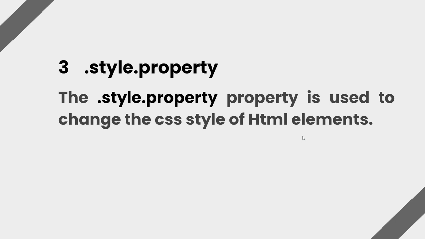So this means that with this property, we can actually change the CSS styling of HTML elements. So whether it is an inline CSS style or an external CSS, the JavaScript DOM property here would actually override any styling that already exists before.